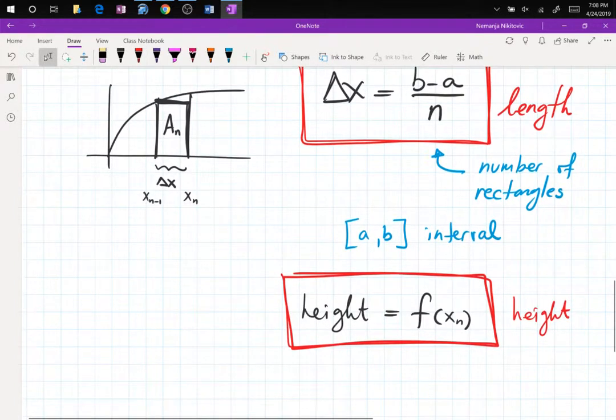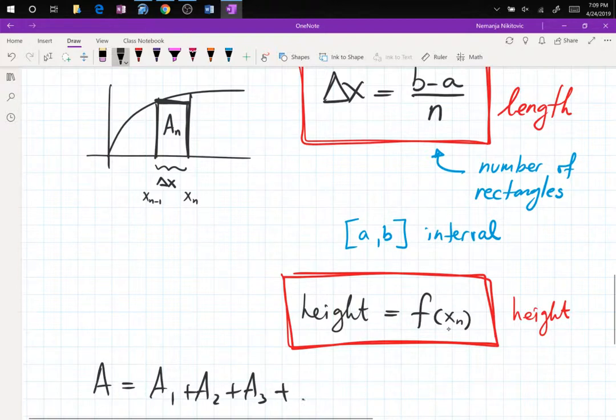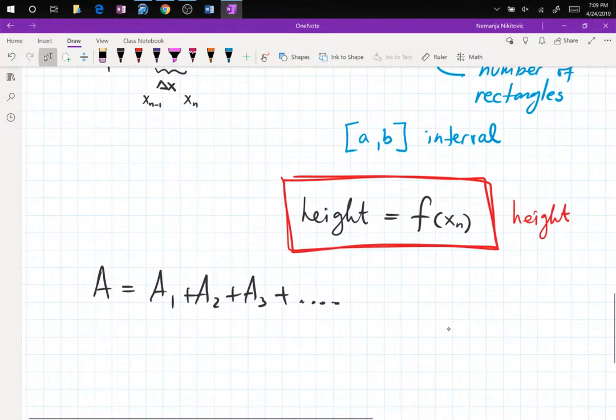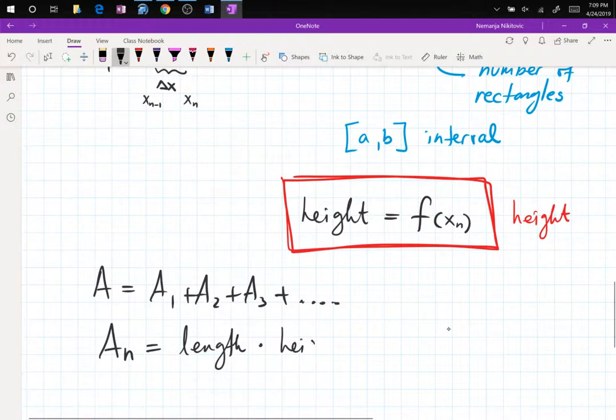So area is going to be A1 plus A2 plus A3 plus dot dot dot, going to whatever value you need to. And each one of these areas, A_n, is calculated as length times height.